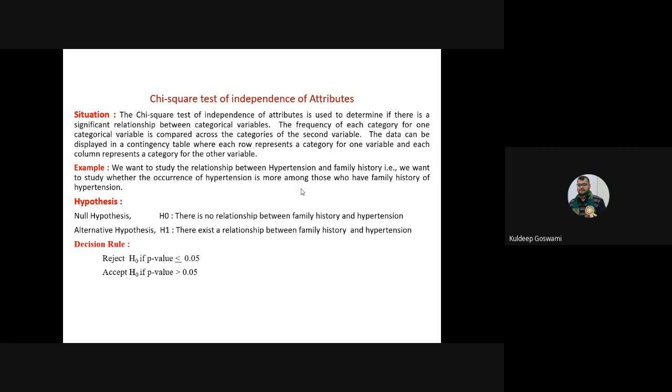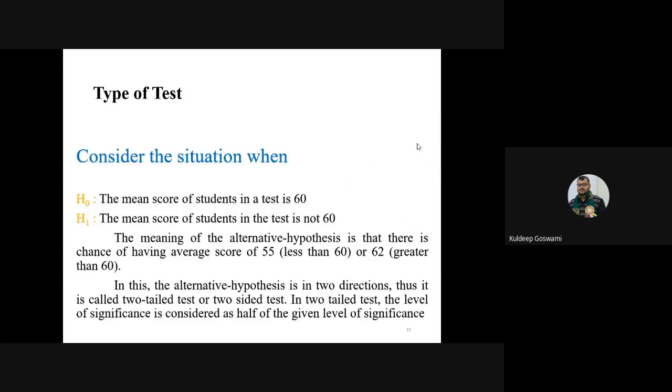Here the null hypothesis is that there is no relationship between family history and hypertension, and the alternative hypothesis is that there exists a relationship between family history and hypertension. I once again want to show you that the alternative hypothesis is the opposite of the null hypothesis.